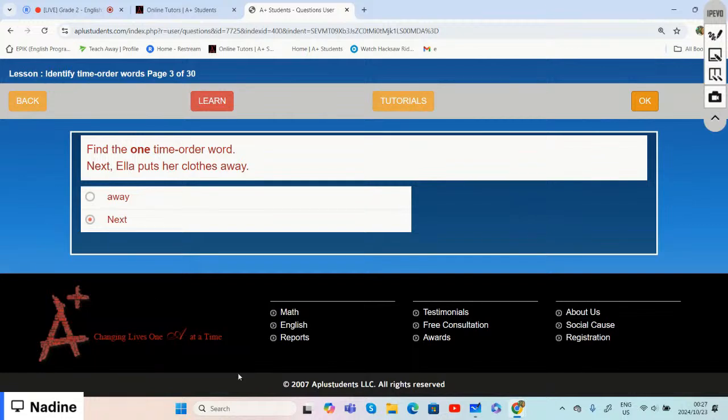All right. And we can say next, Ella puts her clothes away. We need to select that one word that tells about the time of day.